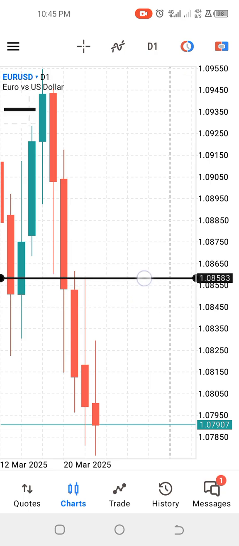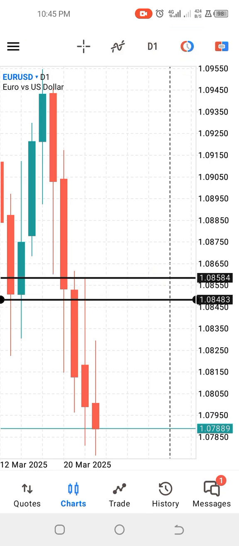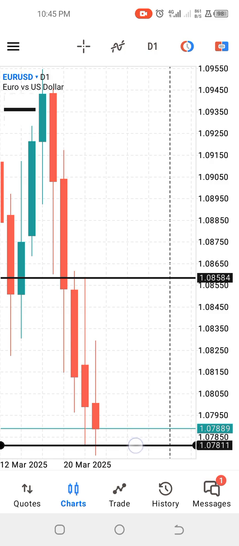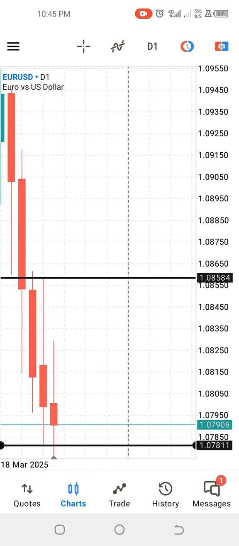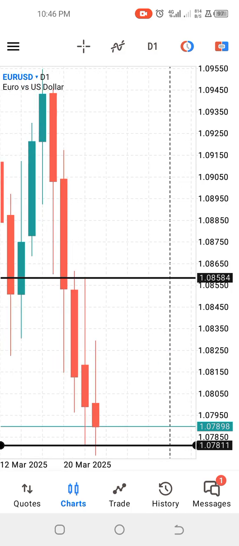So this was yesterday's candle high on Euro USD, and this was yesterday's candle low on the daily time frame. Yesterday's candle closed this way, and it was a bearish engulfing candle on the daily time frame. So what I did today was look for my sell position on this pair.